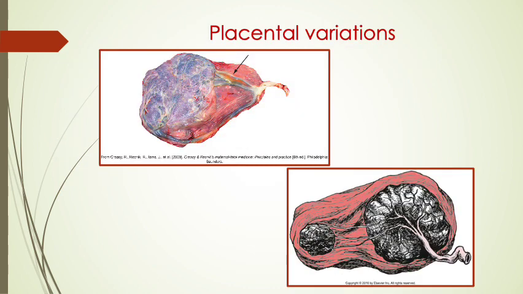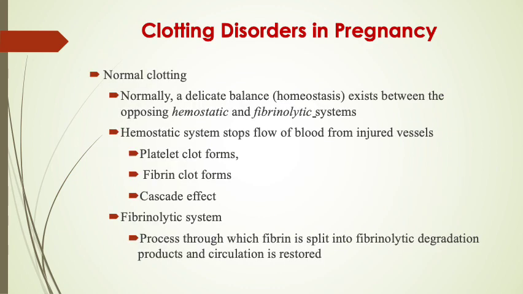These are the images. Clotting disorders in pregnancy. Well, normally, there is a normal clotting system in our body, and under normal circumstances, a delicate balance exists between the opposing hemostatic and fibrinolytic systems in our body, and that is called homeostasis.